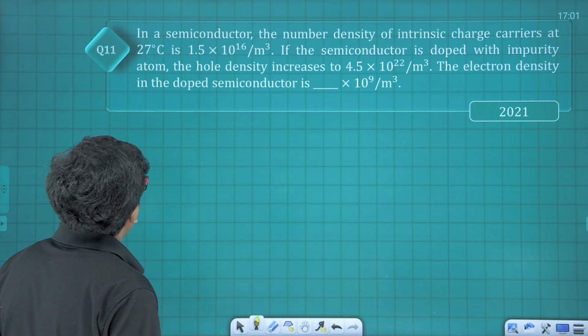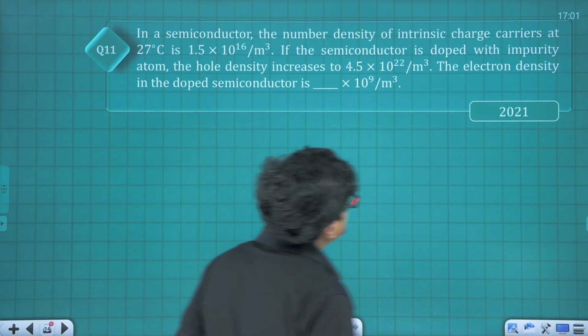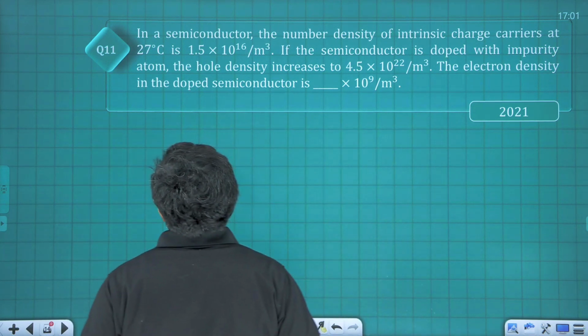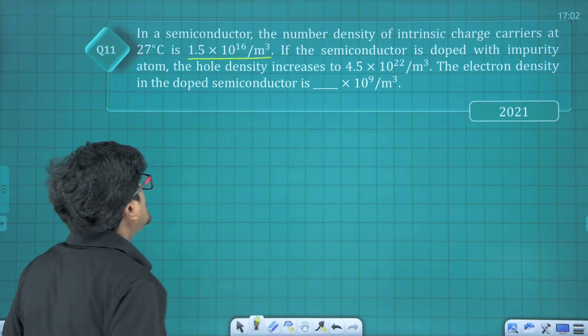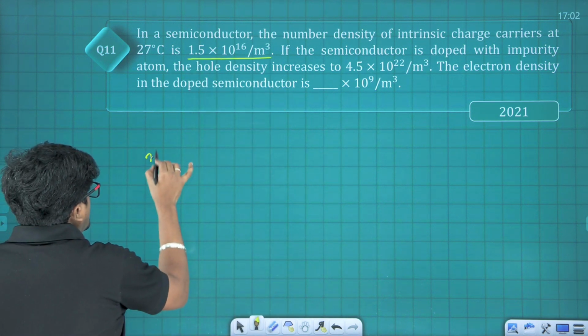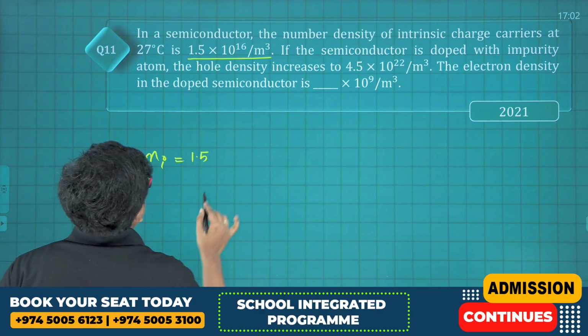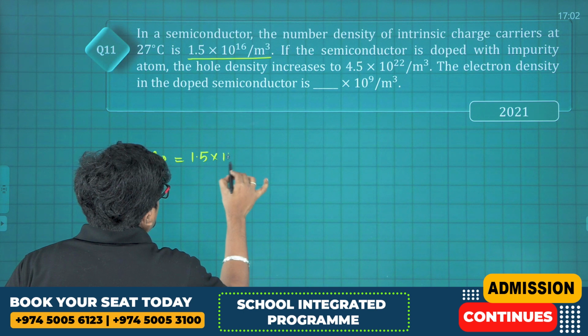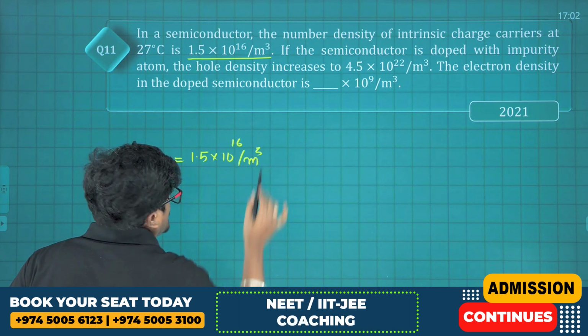The question says, in a semiconductor, the number density of intrinsic charge carriers at 27 degrees Celsius is 1.5 into 10 to power 16 per meter cube.